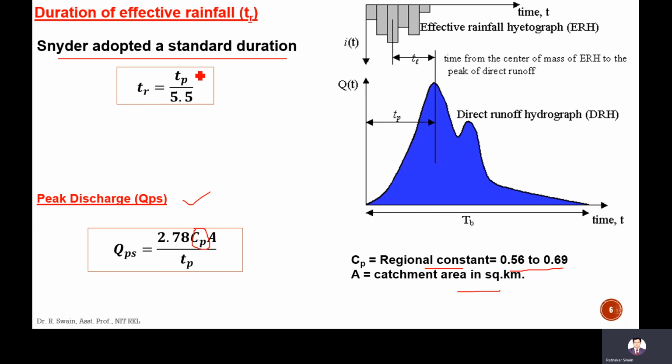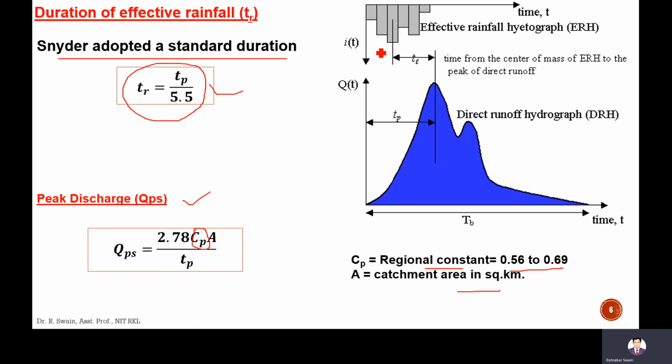Let this be tr, which is the standard effective rainfall duration. It is fixed, so Tp by 5.5, whatever it comes to, will be used. But if we want to use a different effective rainfall duration, a non-standard duration, that we will take and not the one determined from this equation.